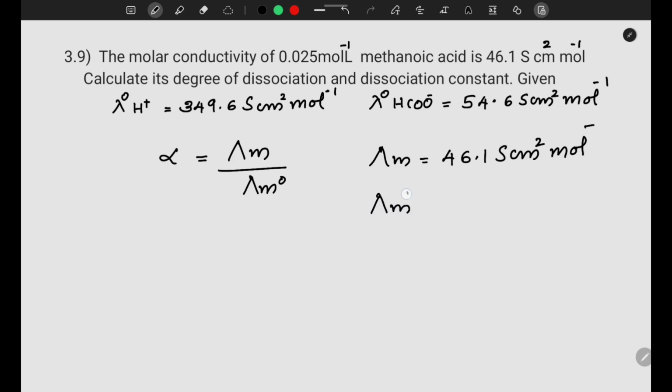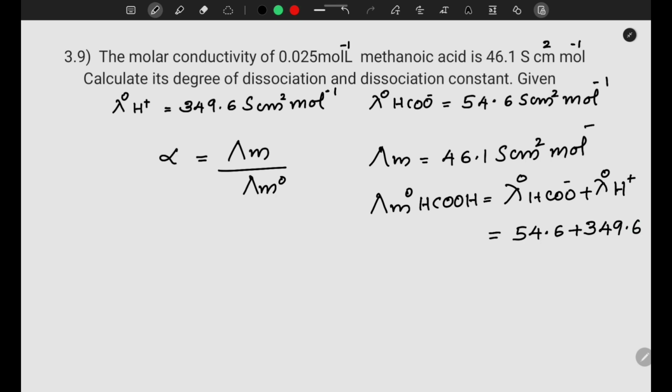Lambda m0 of methanoic acid, according to Kohlrausch's law, is the individual contribution of cation and anion. So here we have lambda m0 HCOO minus plus lambda 0 H plus. So lambda 0 HCOO minus is equal to 54.6 and lambda 0 H plus is equal to 349.6.